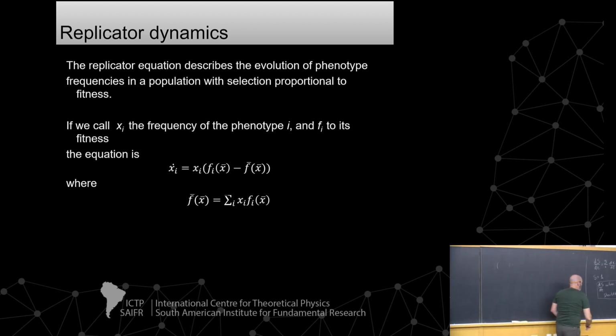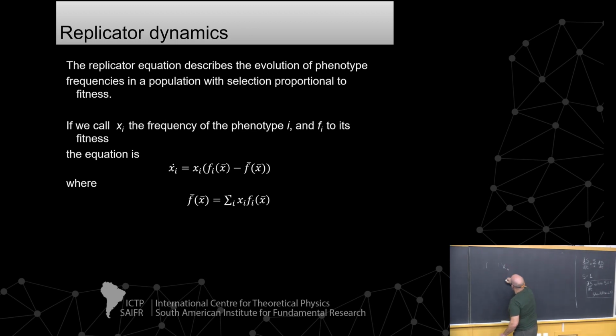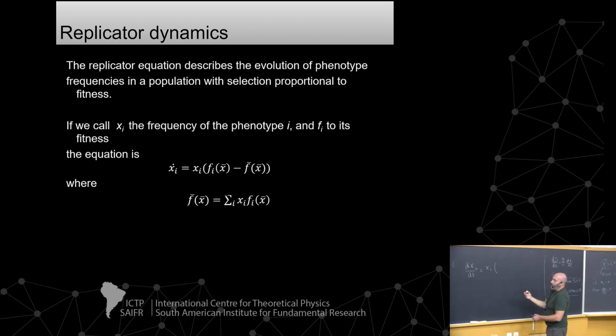What I am saying is that for each xi, the evolution of this xi would be proportional to xi and also proportional to the difference between the payoff of this strategy in the population and the mean payoff of the population.